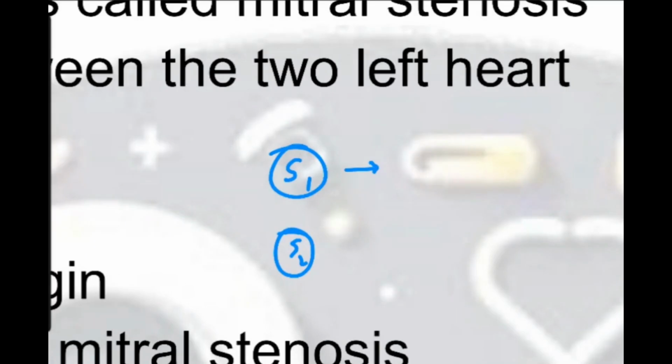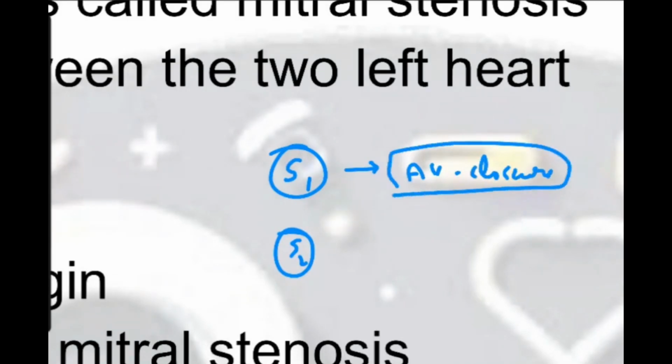Now, when ventricular systole happens, the blood should not go back into the atria. So forceful closure of the AV valve will create S1.